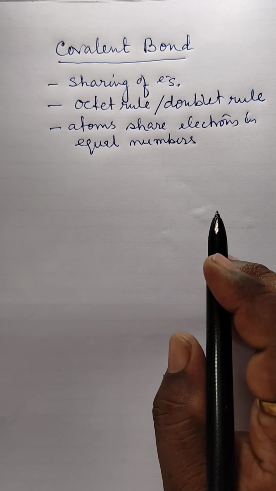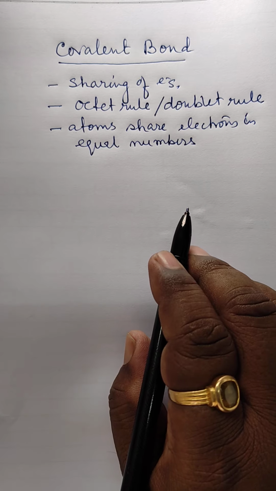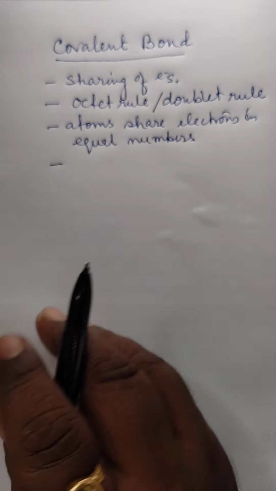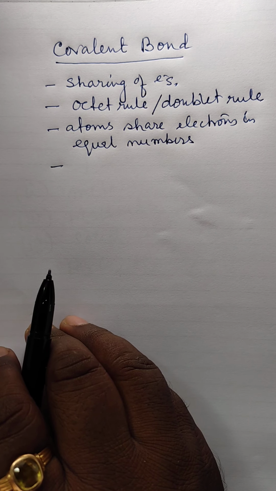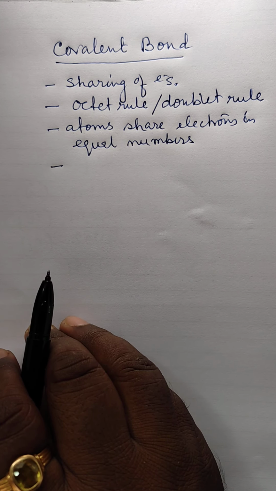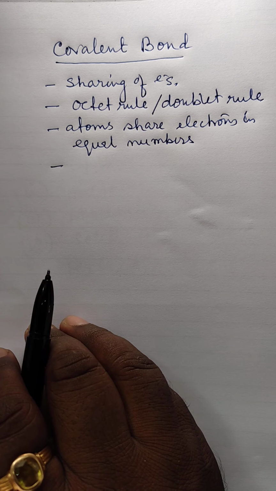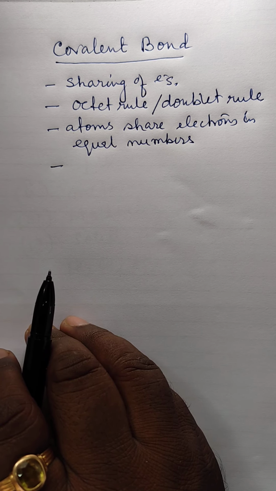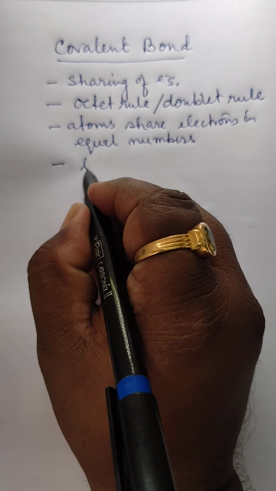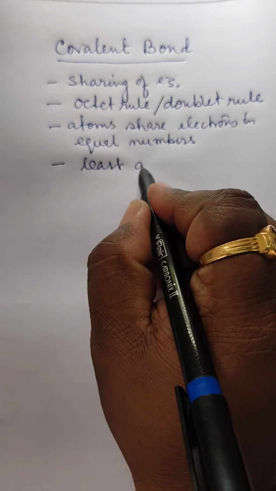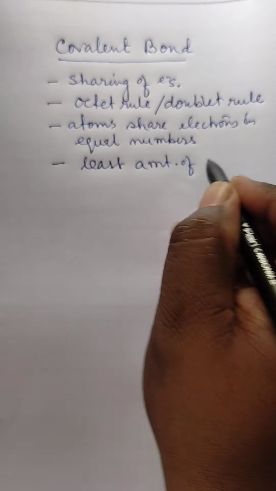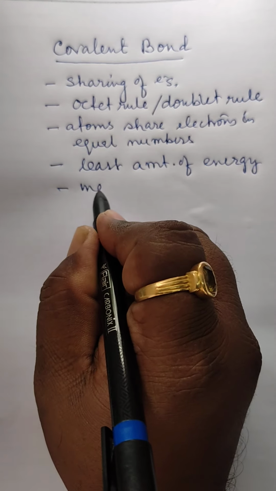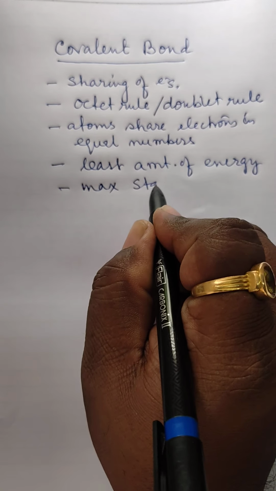Then only they have this condition of covalent bonding. When they share their electrons, they change into molecules. When they change into molecules, they have the least amount of energy and maximum stability.